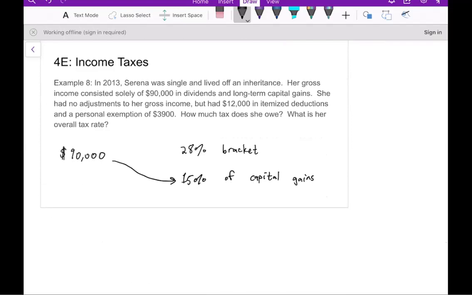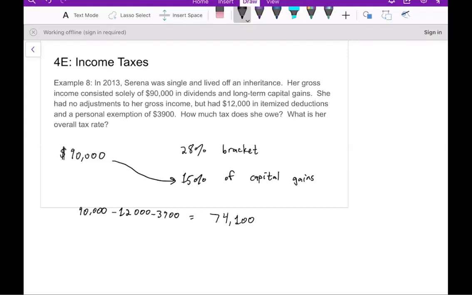So now, of course, we would also want to take off our $12,000 in deductions and our personal exemption before we calculate this. So if we find this, minus 12,000, minus 3,900, it looks like our taxable income is $74,100.